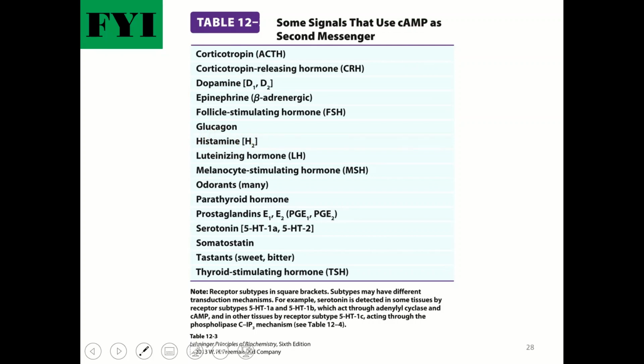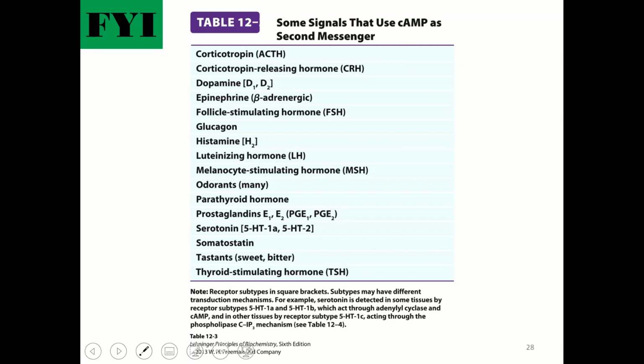What are some other good ones? Serotonin, the neurotransmitter, and even thyroid stimulating hormone, TSH. So there's many different signaling pathways that use cyclic AMP.